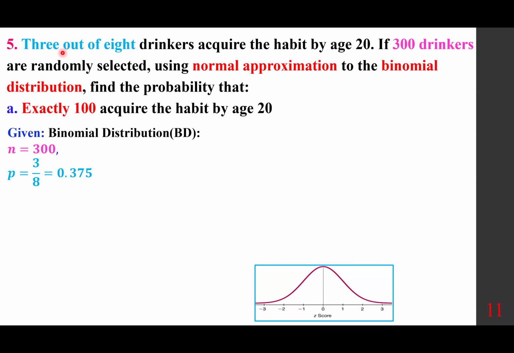It's important to know n is 300, p is 3 over 8 or 0.375. This is a binomial distribution, and so we'll take it from there.